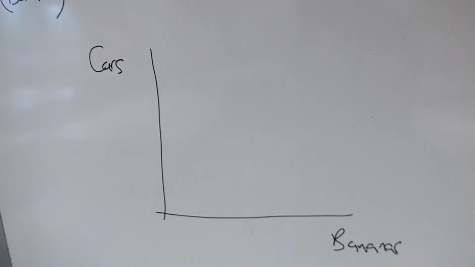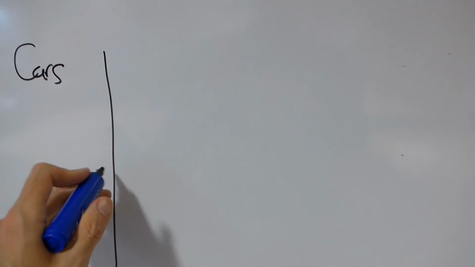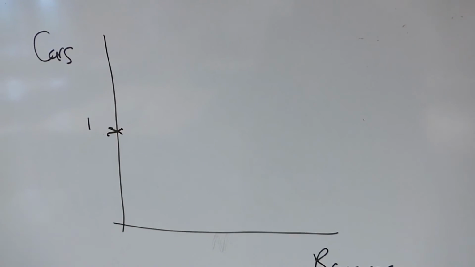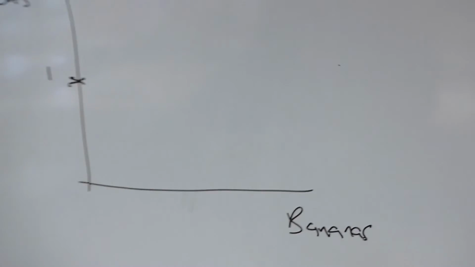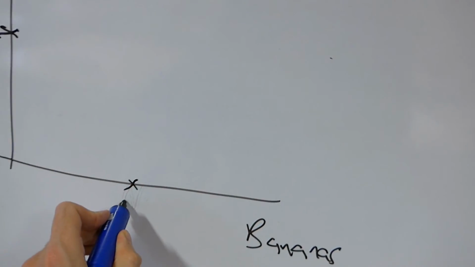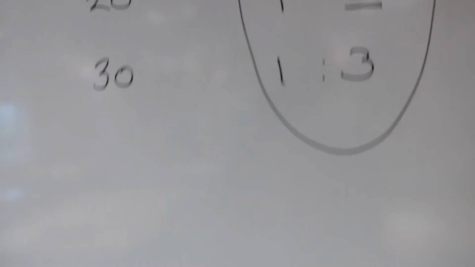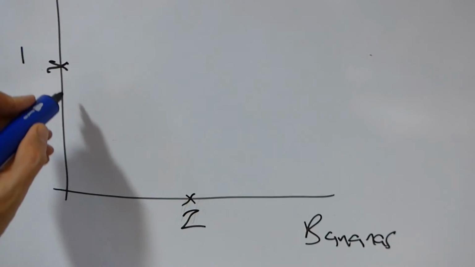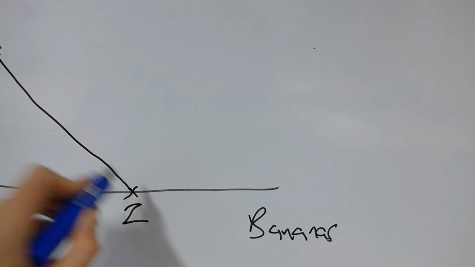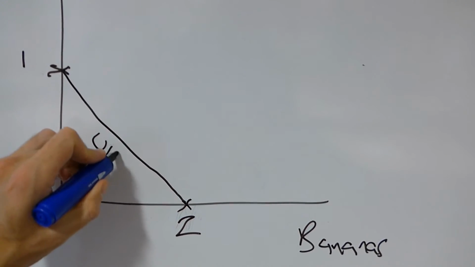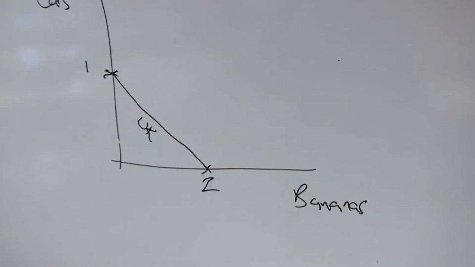So we have a ratio there of 1 to 2. So all we need to do is identify a point for 1 car, identify a point for 2 bananas, because that's what the opportunity cost ratio is, and then join the two together to give us our trading possibility frontier for the UK.